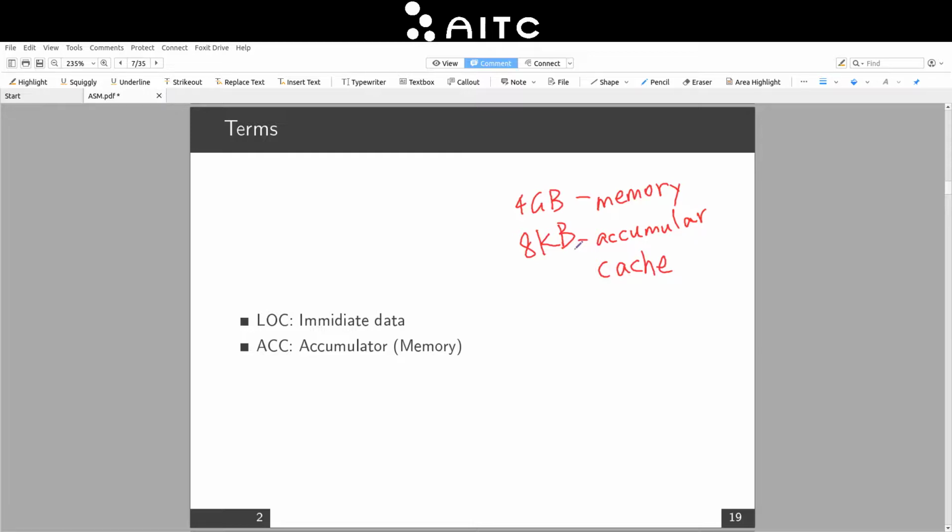Cache means 缓存, and the memory is also a kind of cache, which is larger but slower because it's not located directly in the CPU. The difference between them is that memory is slower than accumulator, but memory is much larger than accumulator.